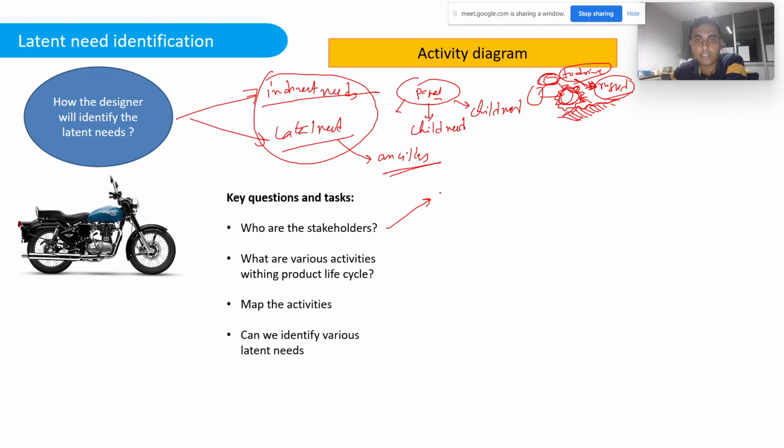Stakeholders are manufacturers, distributors, service providers, and then the users. So now you need to map all the activities in the product life cycle. What you do next is understand the product life cycle in every phase with these stakeholders. So what do manufacturers do?